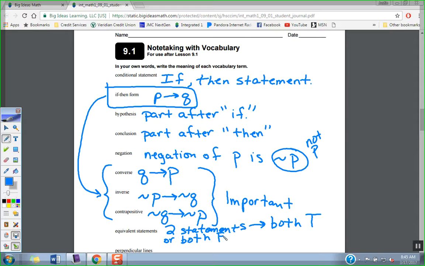If I make two if-then statements and both turn out true, that's considered equivalent statements. If I make two if-then statements and they both turn out false, those are equivalent statements. If one turns out to be true and the other turns out to be false, are they equivalent statements? No. They have to match.